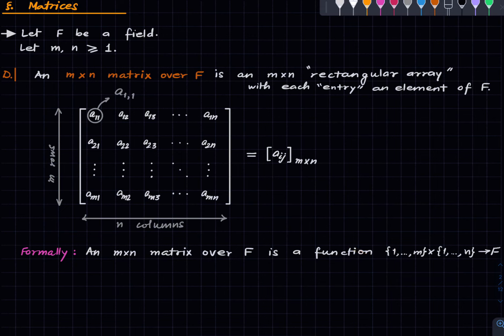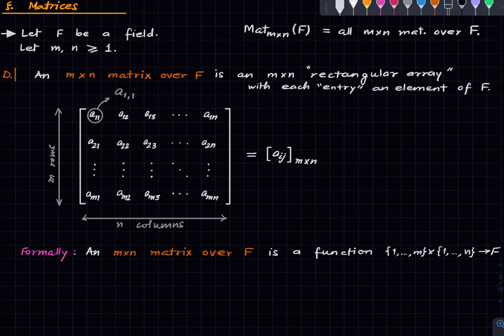Okay, so lastly, as a point of notation, let me write it here. So we write this to denote the set of all the m cross n matrices over the field F. So this is the notation for all m cross n matrices over F. Just a notation.